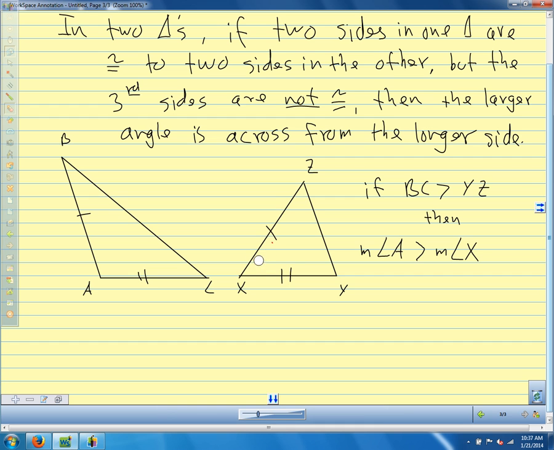And if we assume that the measure of angle X is larger than the measure of angle A, what does the Hinge theorem tell us then about this side of the triangle compared to this side of the triangle, if this is the bigger angle? It would be larger, but we're told that it is smaller, so that would be a contradiction. So that's how we would prove the converse of the Hinge theorem, with a proof by contradiction.